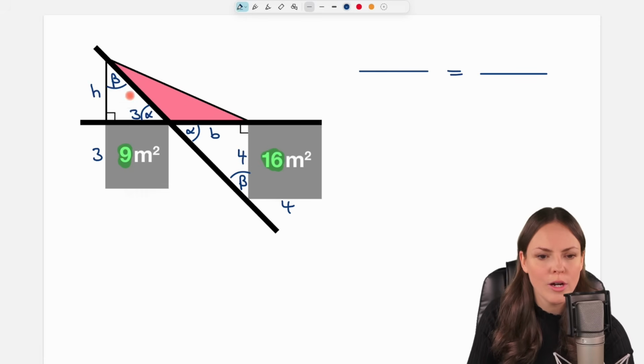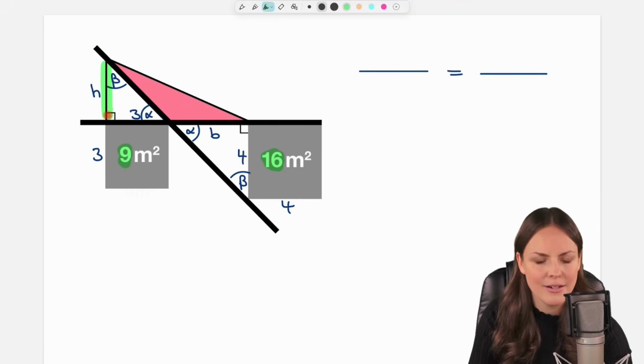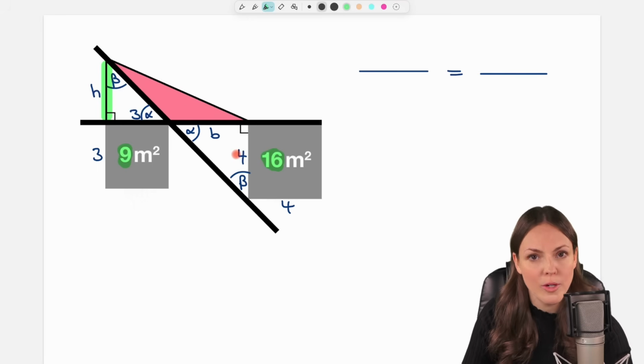So we go to our first triangle and let's choose this side here, our H. This is the side from beta to the right angle. If we look for the corresponding side in this triangle, we also have to go from beta to the right angle, so this here is the corresponding side.